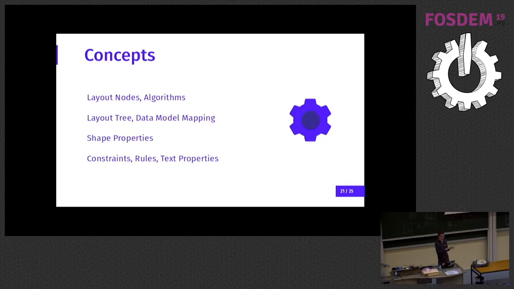So we had the building block, the layout node, we had the algorithm, we had the layout tree. So data model mapping is the part that decides how the layout description is associated with the content you assign to the SmartArt. This means that typically when you edit your SmartArt on the user interface, then you only edit the data, and all these layout descriptions are hardwired into PowerPoint.